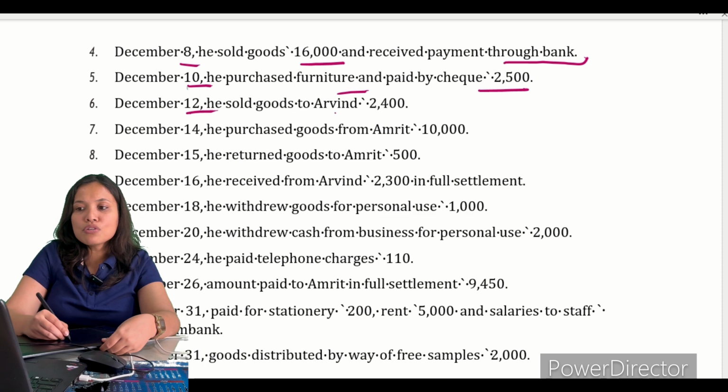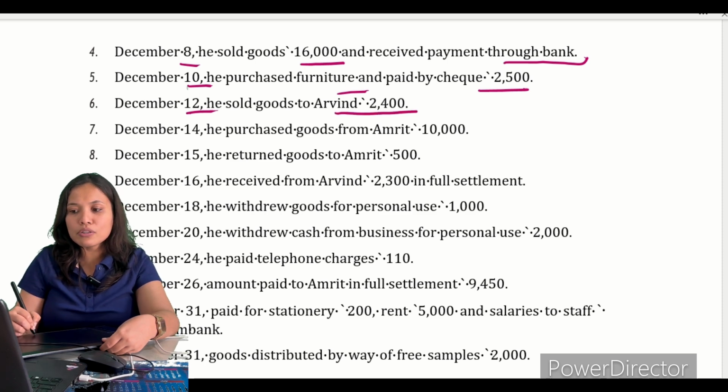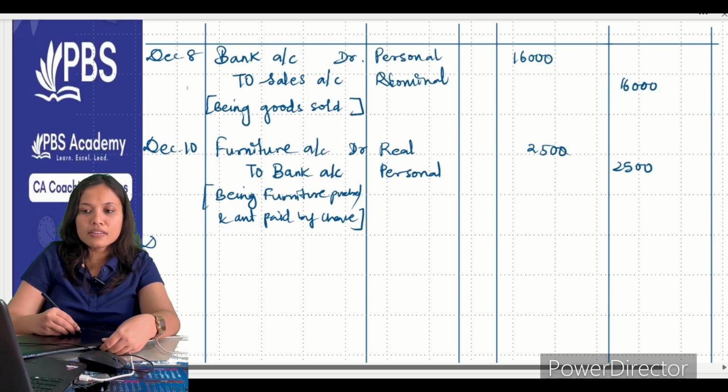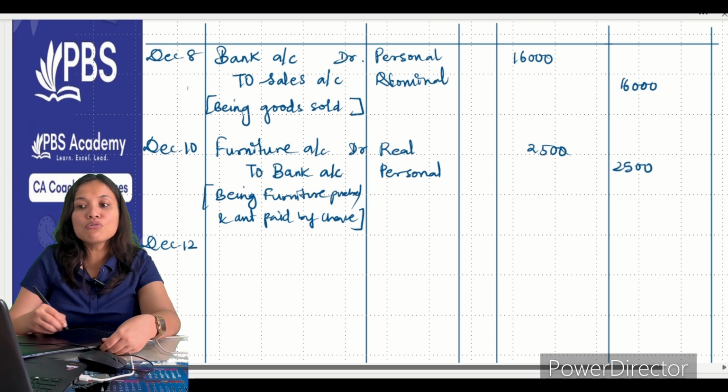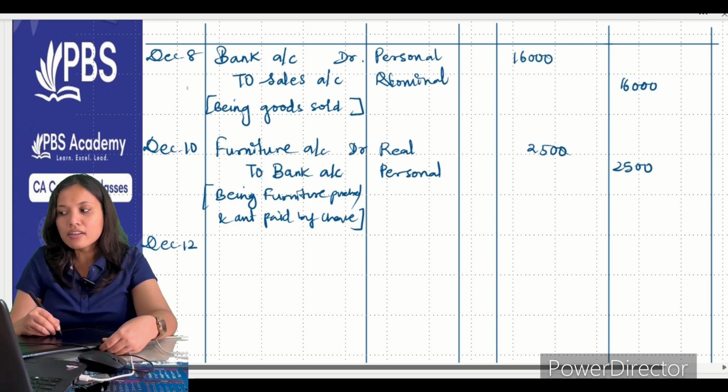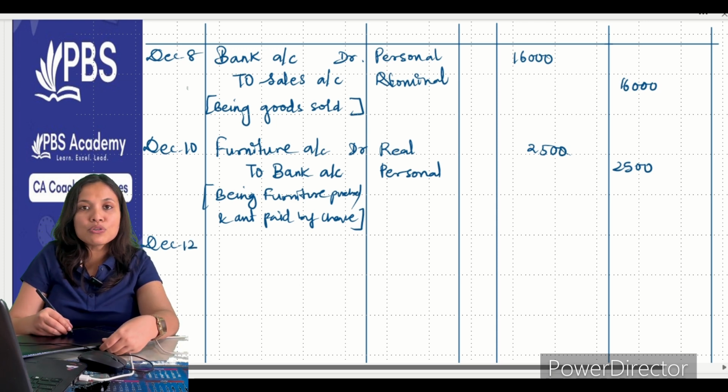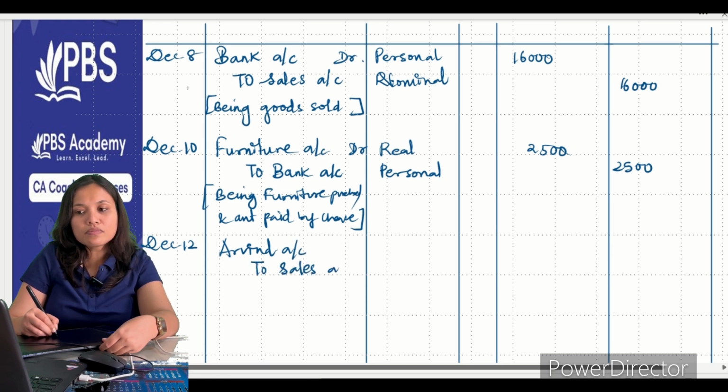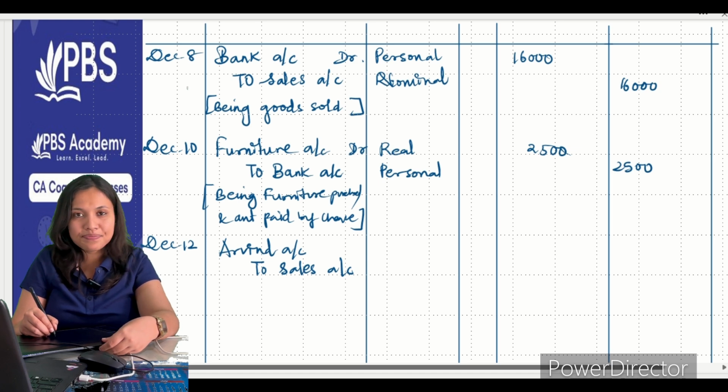December 12, goods sold to Arvind for 2,400. Now what shall I write? To whom have we sold the goods? Arvind. Arvind will become my trade receivable and hence Arvind account debit to sales account. Arvind is the receiver, so debit the receiver. Now income increases and hence credit.